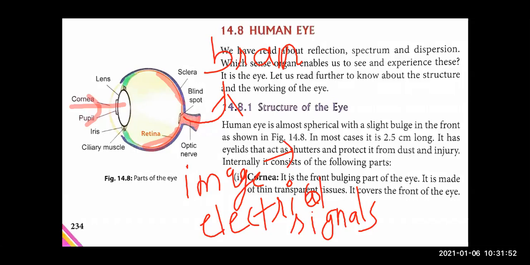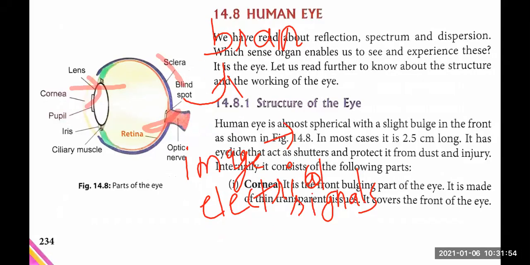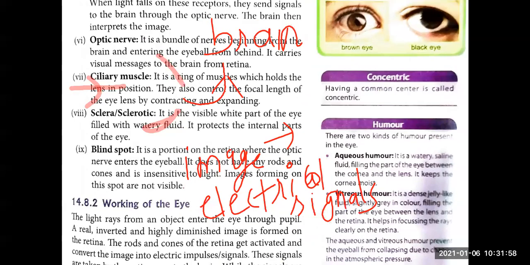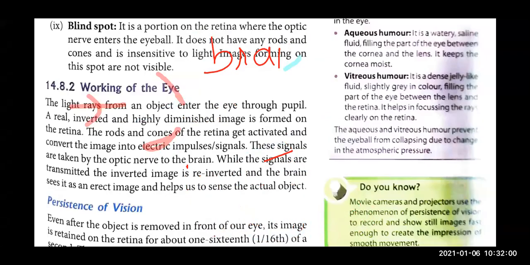Right, children? So please underline a few things. Very important question, working of human eye. Underline it very carefully. So first thing, the light enters through the pupil. So please underline the word pupil. What type of image is formed? Real, inverted, and very small, that is highly diminished. Now the rod cells and the cone cells which are present on the retina, what will they do?